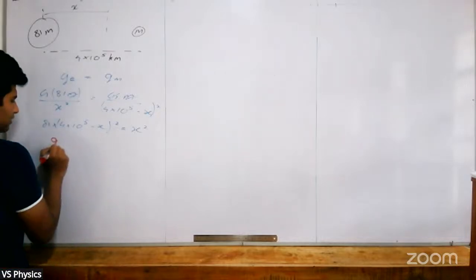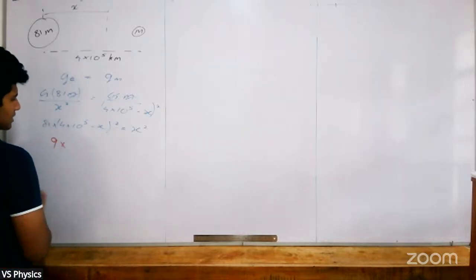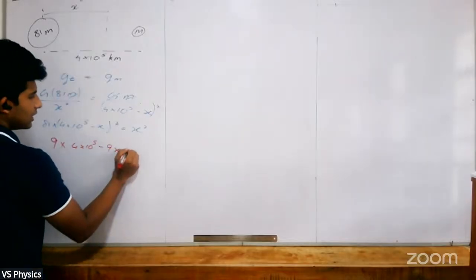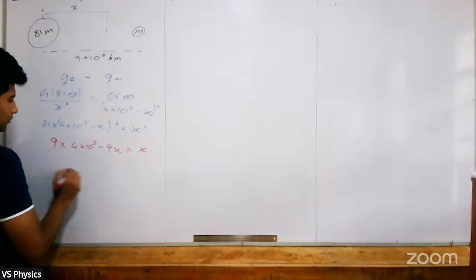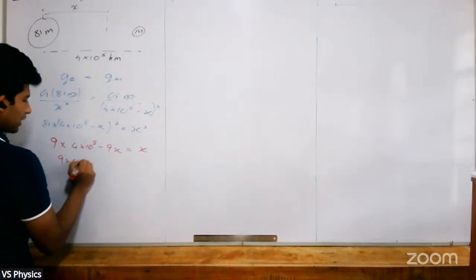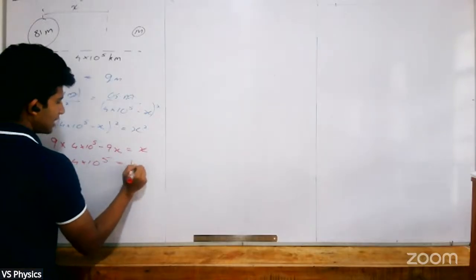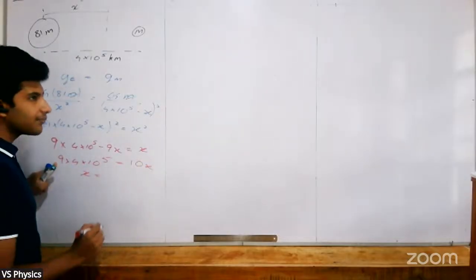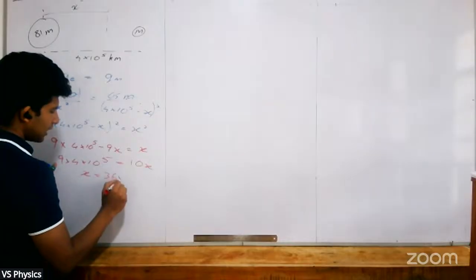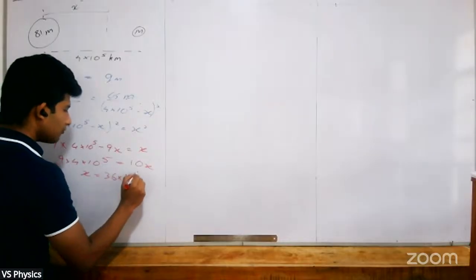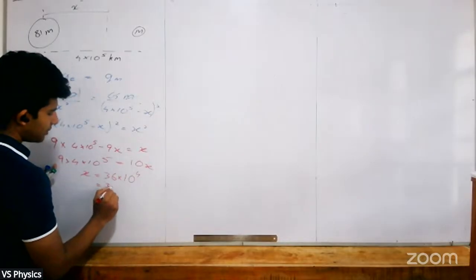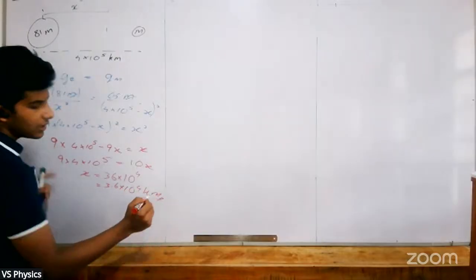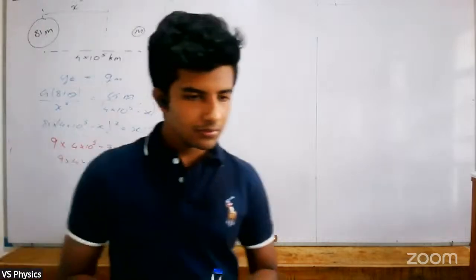Then we'll get 9 times (4 times 10 to the power 5 minus x) equals x. 9 times 4 times 10 to the power 5 is equal to 10x. x is equal to 9 times 4, which is 36 times 10 to the power 4, or actually 3.6 times 10 to the power 4 kilometers. This is our final answer.